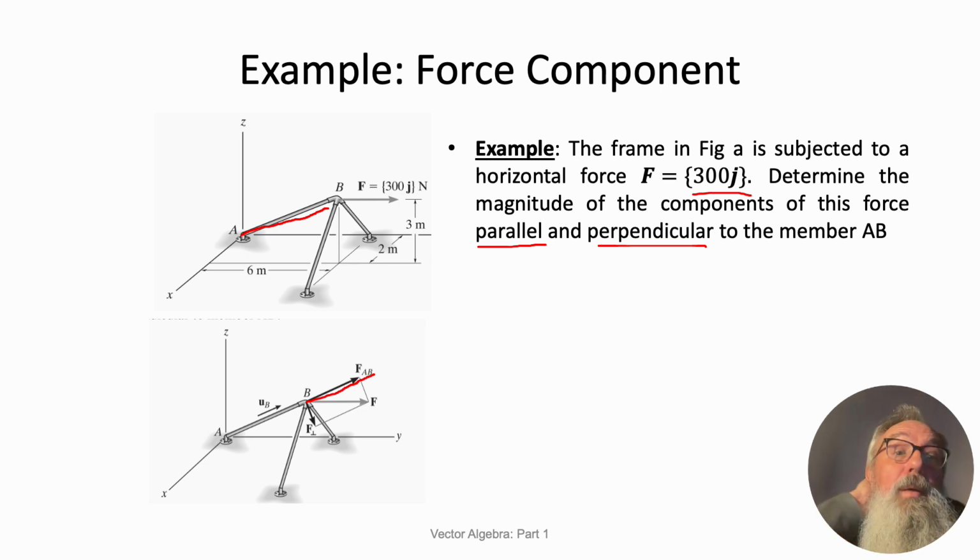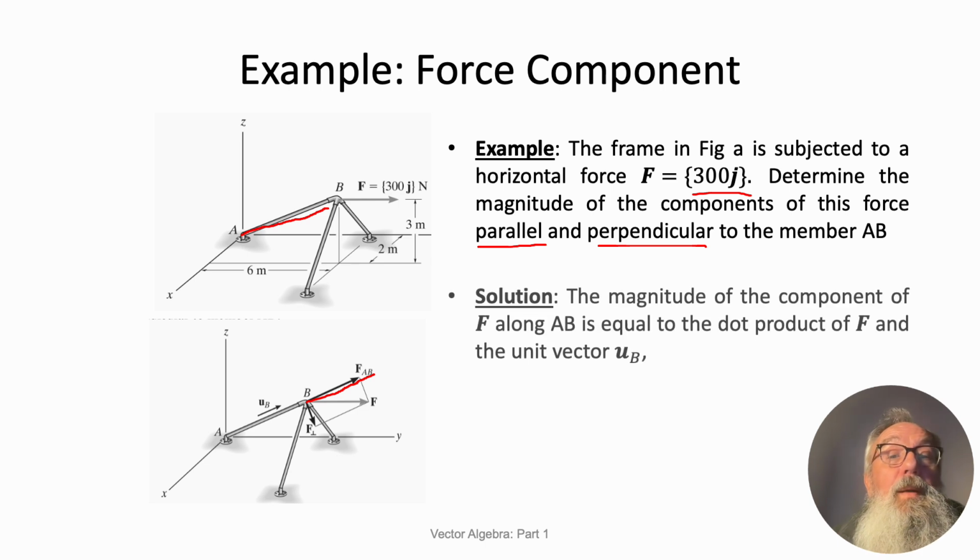Now we can look at this diagram and we see the coordinates of A, or essentially the position vector of B. So the magnitude of the component of F along AB is equal to the dot product of F and the unit vector along AB, which I've labelled here UB.